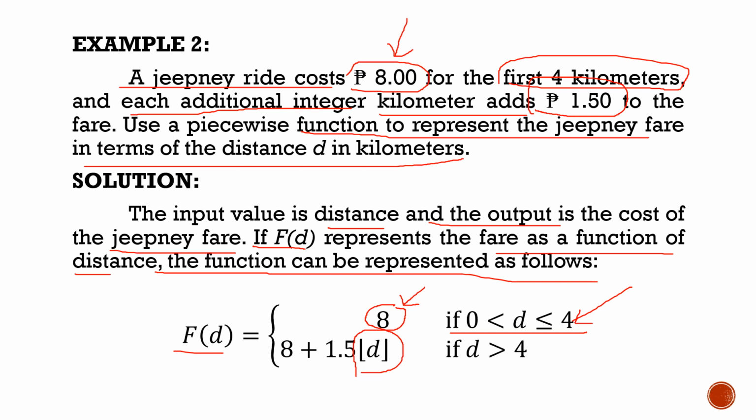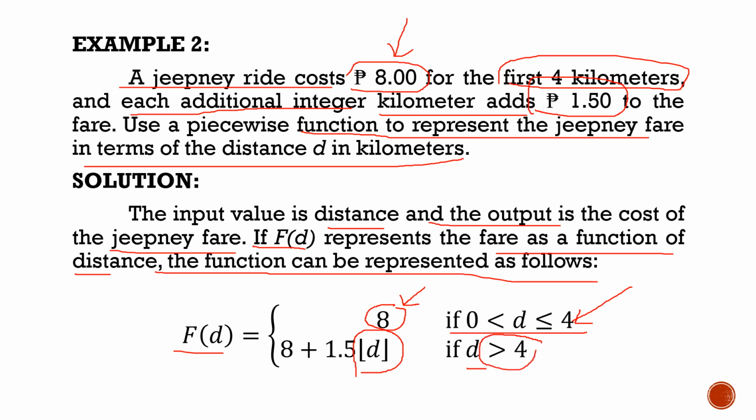For example, 4.1. If we apply this floor function to 4.1, that will be equal to 4. So we simply apply these floor functions and these symbols if your d now is greater than 4.